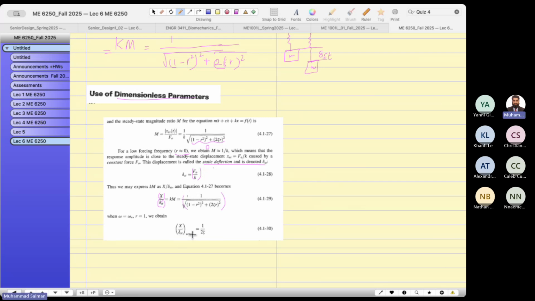And for steady state displacement when r equals 1, when you plug in r equals 1, this goes to 0, and you are left with 1 over 2 zeta. So at the resonance frequency, the magnitude of the mass over the static deflection equals 1 over 2 zeta.